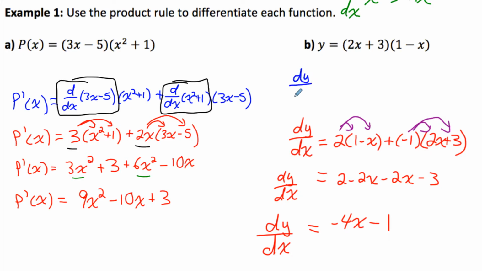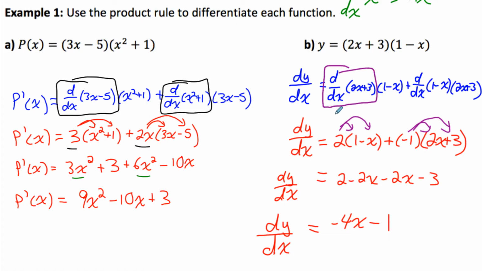So when we're finding the derivative of the function with respect to x, what we did was the derivative of 2x plus 3 and multiplied that by 1 minus x plus the derivative of 1 minus x and multiplied that by 2x plus 3. But I just went straight to the derivatives.